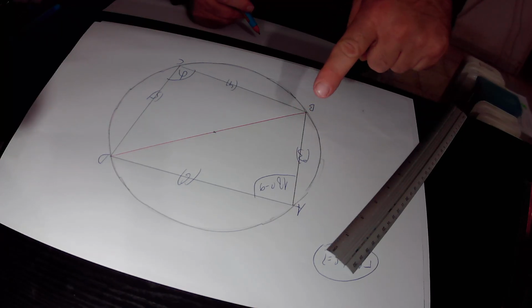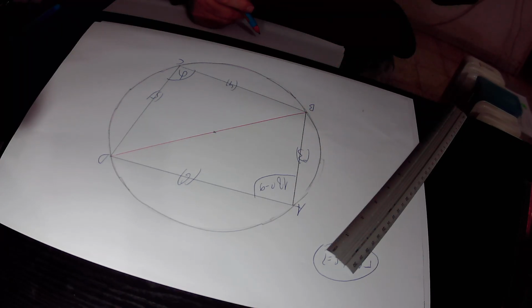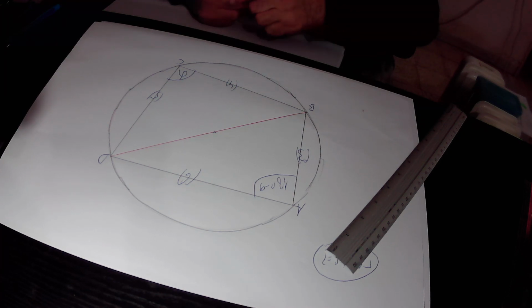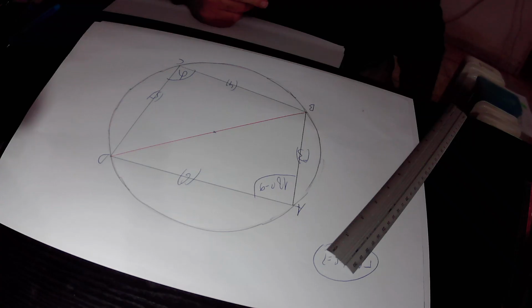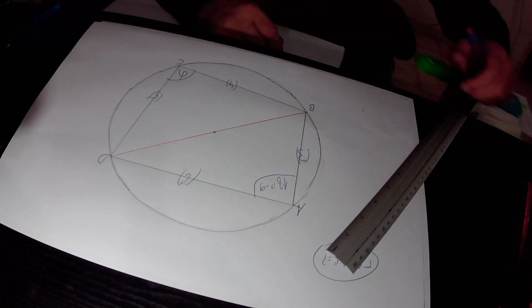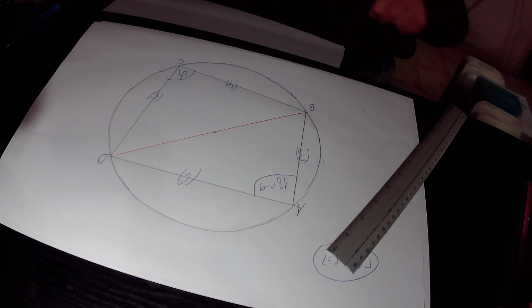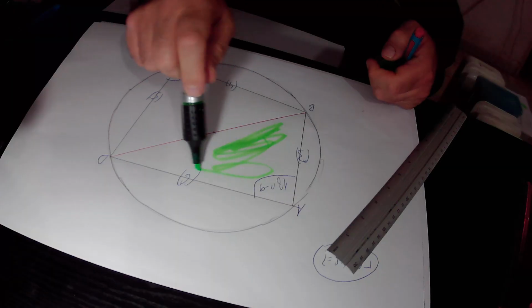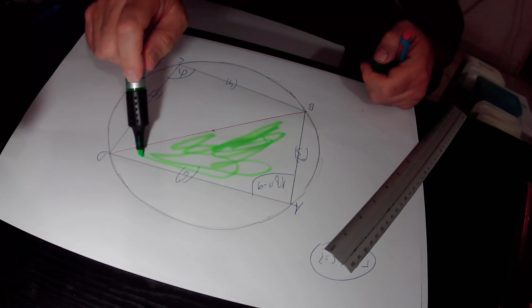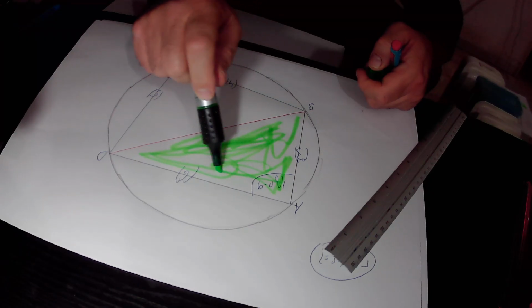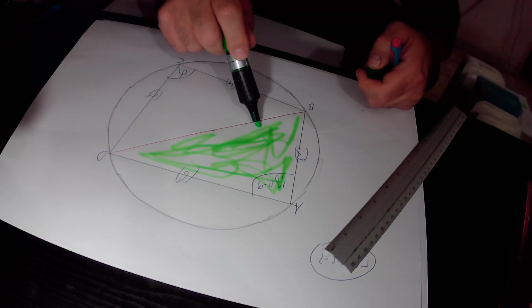The first part is this upper triangle ABD, and the second part is the lower triangle BDC. So in the next step, we will apply the law of cosines on both triangles, first in the upper triangle ABD, and then in the lower triangle BDC.